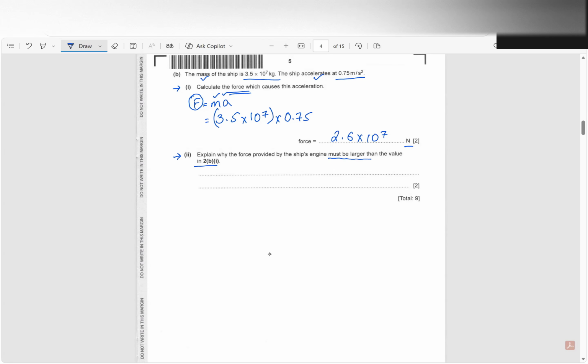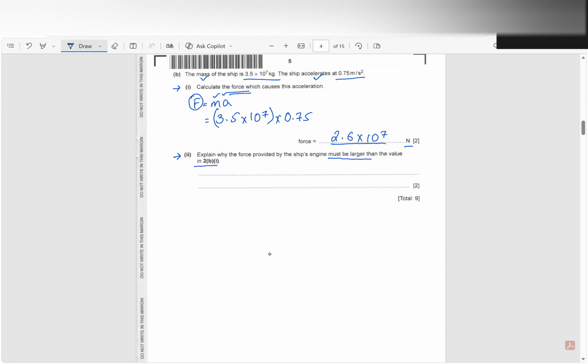We need not forget that there are forces that are opposing the motion, that are acting opposite to the engine's force. For example, there is going to be water resistance, water drag as a force, resistive force. There's going to be air resistance. So engine must provide enough force to overcome the resistive forces, you see, and still leave a resultant force that we calculated in the previous part.